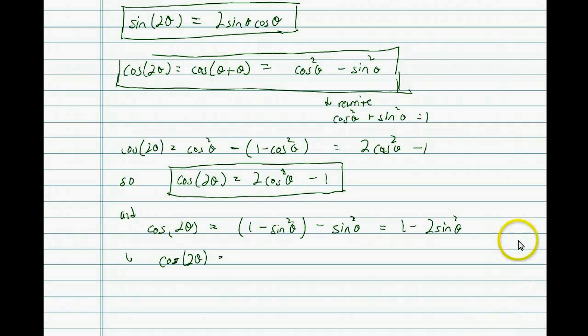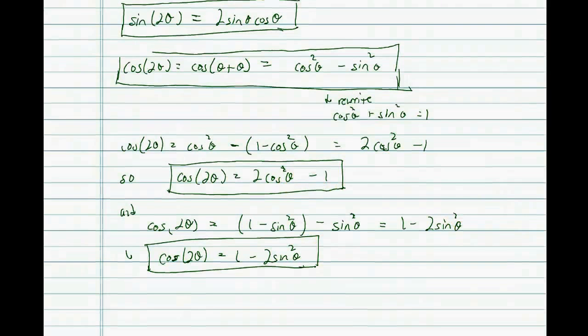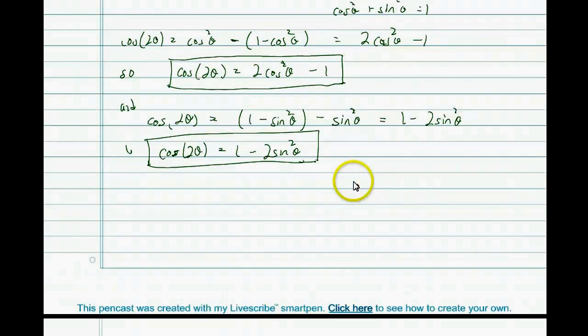Next, to get to the half angle formulas, we're going to use the last two we derived. Separately, we're going to solve for cosine of theta squared in the second to last one, isolating that particular term. And in the last one, we're going to isolate sine of theta squared.